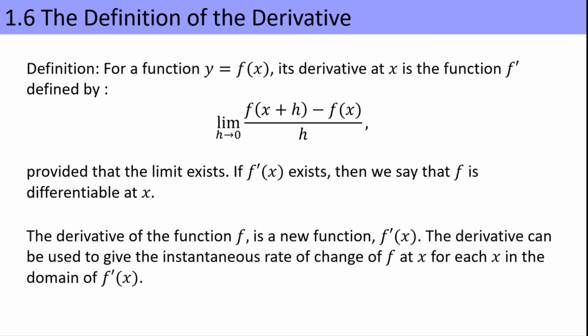If f prime of x exists, then we say that f is differentiable at x. The derivative of the function f is a new function, f prime of x. The derivative can be used to give the instantaneous rate of change of f at x for each x in the domain of f prime of x.